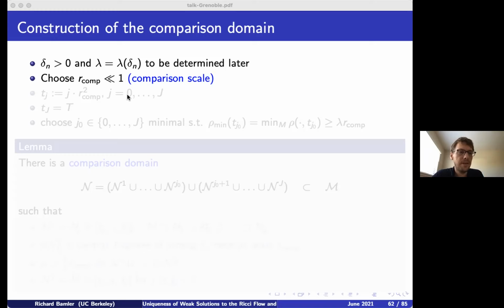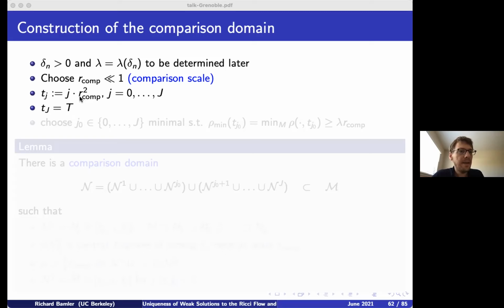Based on R-comp, I'm going to choose a sequence of times that are spaced R-comp squared away from one another, starting at 0, R-comp squared, 2 times R-comp squared, and so on. I'm going to do this up until I reach some macroscopic time t. Maybe t is the final time of the flow. Let's say the flow is defined at time capital T.